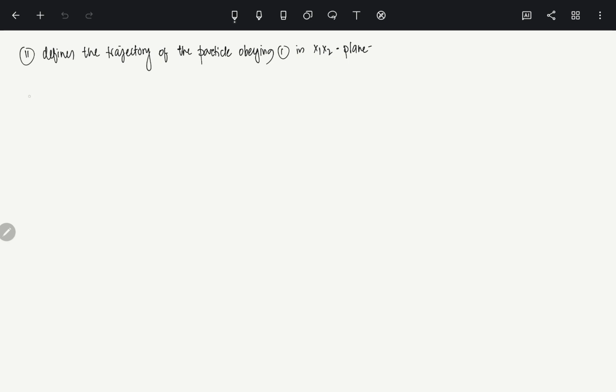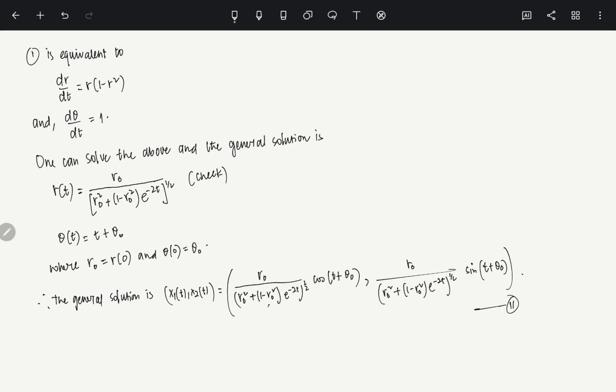So first of all, if r0 equals 1, let's just put this part there. If r0 equals 1, this becomes 0, this becomes 0. That is why I am taking r0 equals 1, and then r naught square whole power half is r naught, and r naught gets cancelled out, so basically this becomes cosine and this becomes sine.